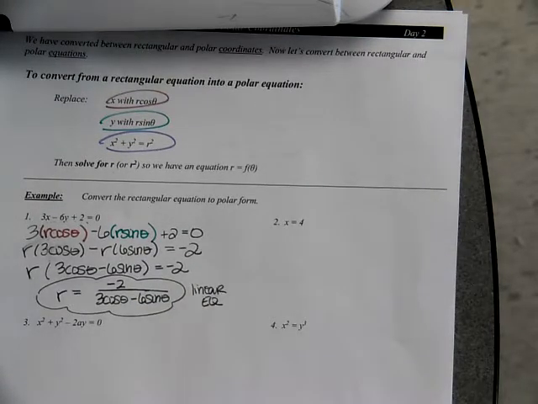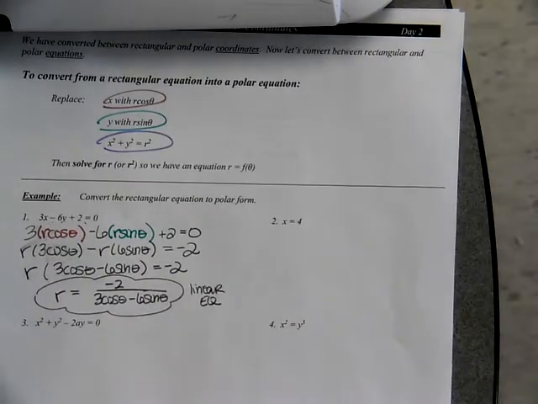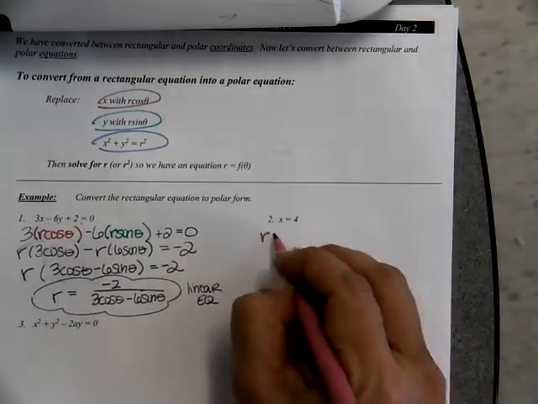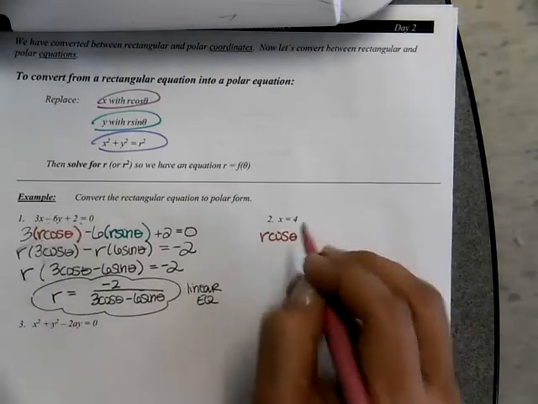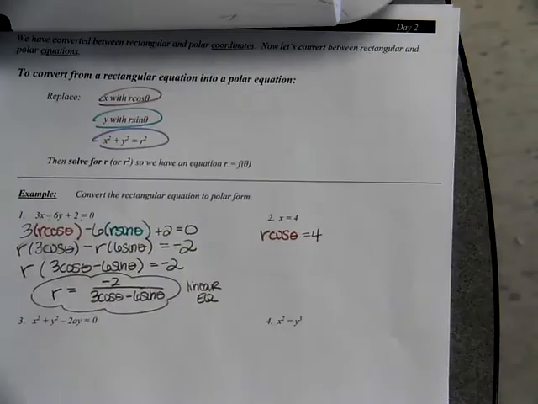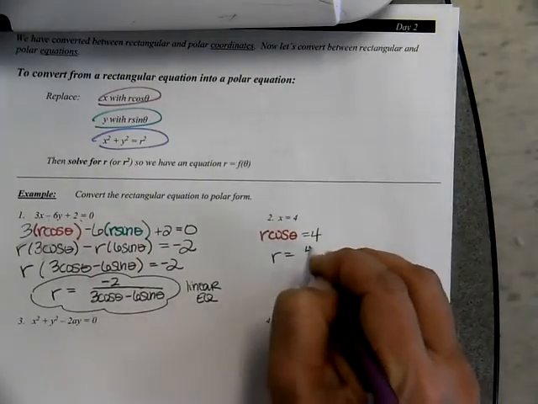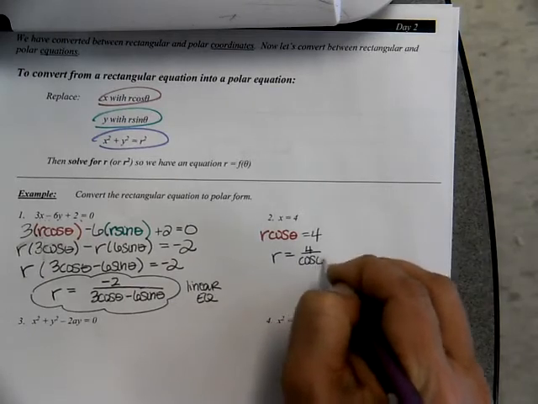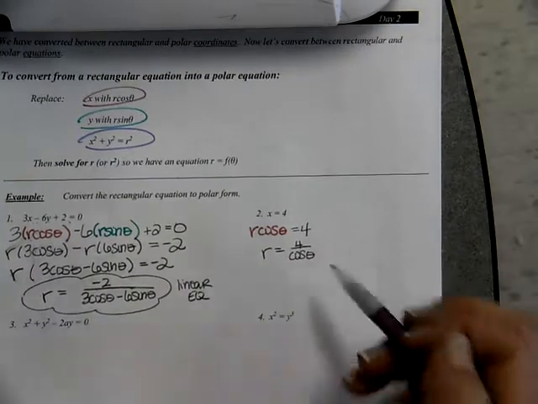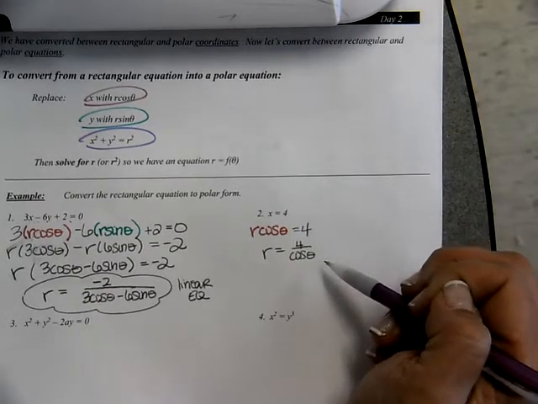So let's see what happens if we have x equals 4. If we have x equals 4, then that means that in place of x, we're just going to put r cosine theta equals 4. Now let's isolate r. We get that r is 4 over cosine theta. And because this is a singular trig function, there's a better way for us to write this.